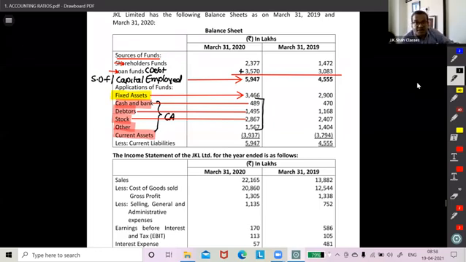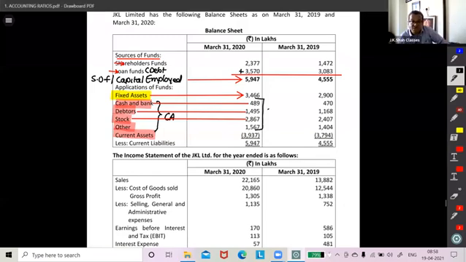Yeah. So what has been done? Everything has been taken up together and added. Okay. Now, if you take like that, it would become 489 plus 1495 plus 2867 plus 1567. 6418.